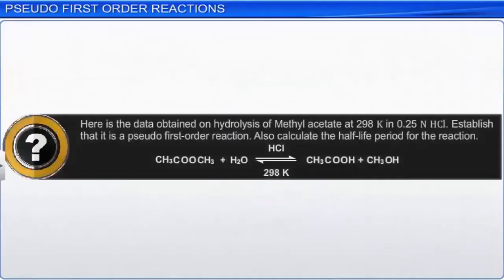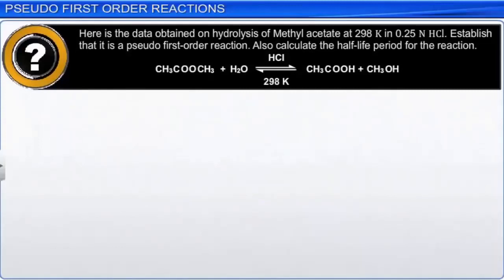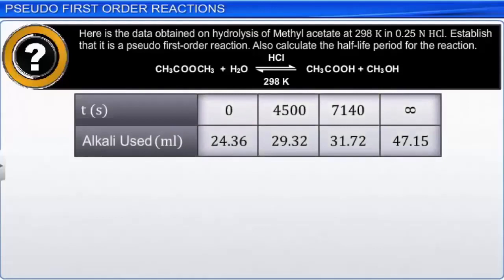Let us now solve a numerical problem. Here is the data obtained on hydrolysis of methyl acetate at 298 Kelvin in 0.25 normal hydrochloric acid. Establish that it is a pseudo-first-order reaction. Also calculate the half-life period for the reaction.